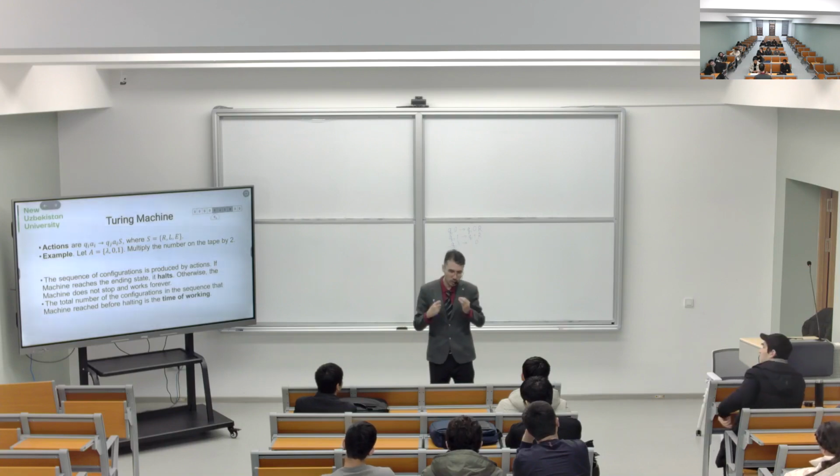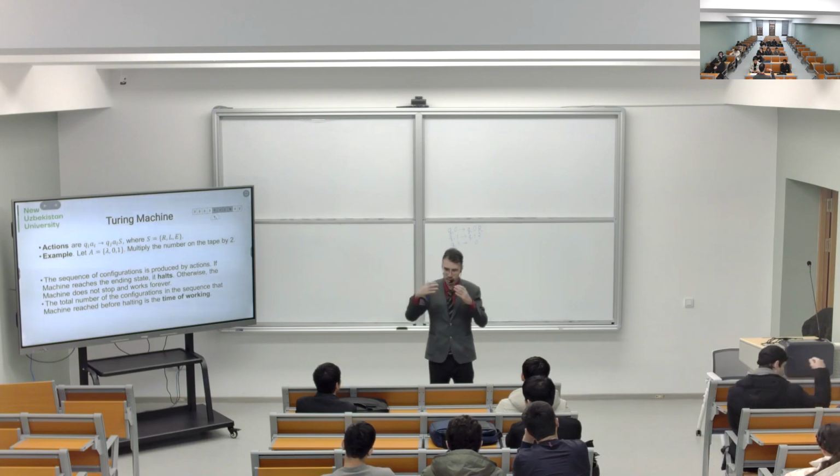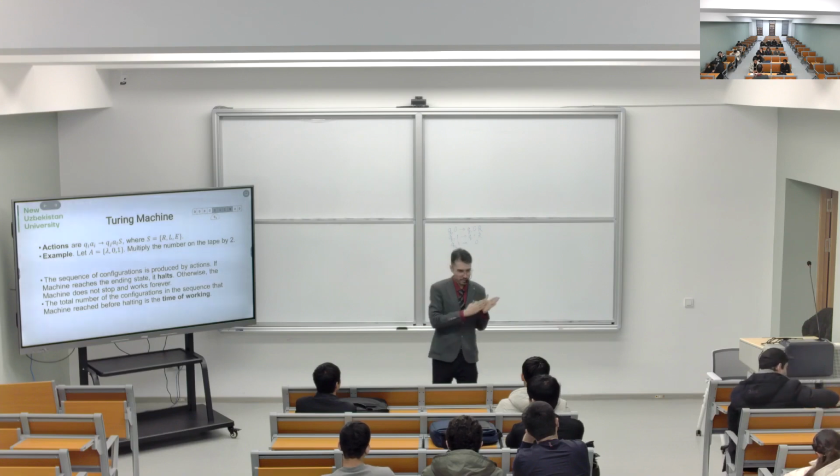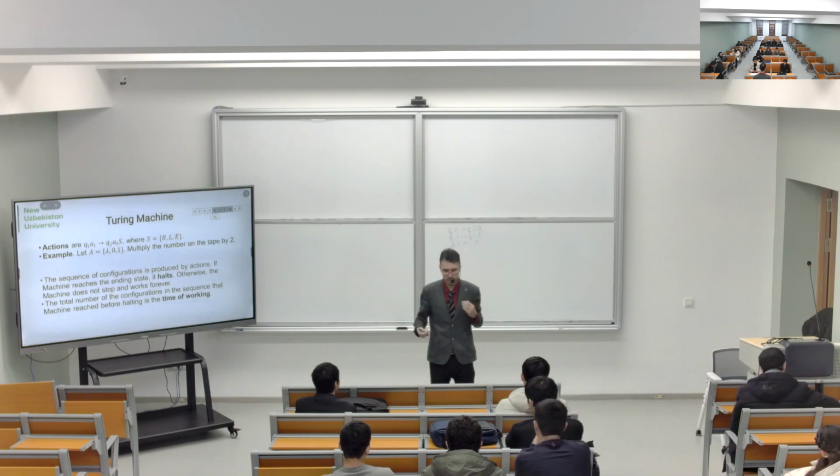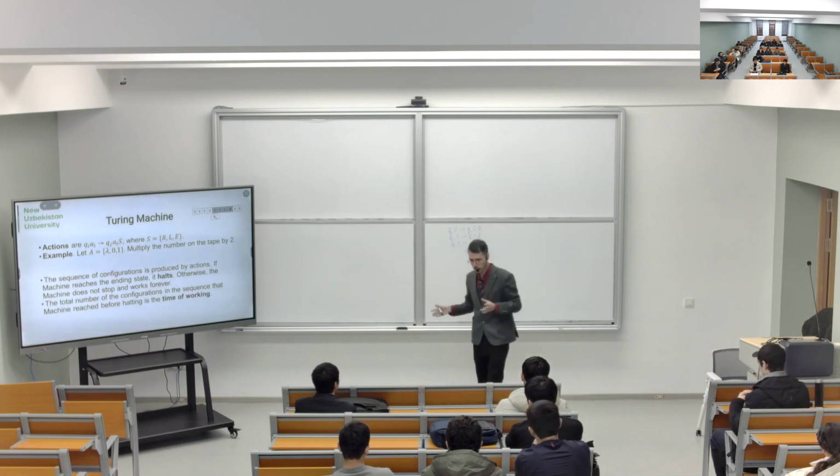So you want the machine to be at the same place it started. So it changes the argument, it changes the output, but you always know where the machine is. So if you have this agreement that the machine is always looking at the leftmost non-lambda character, then everything will be easier.